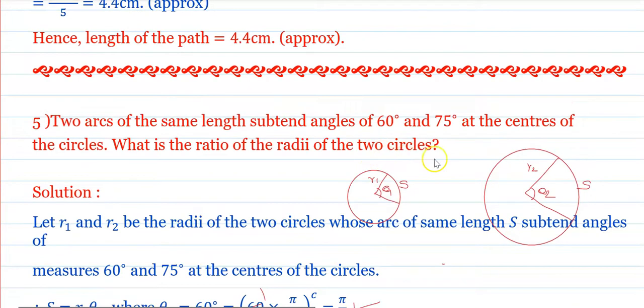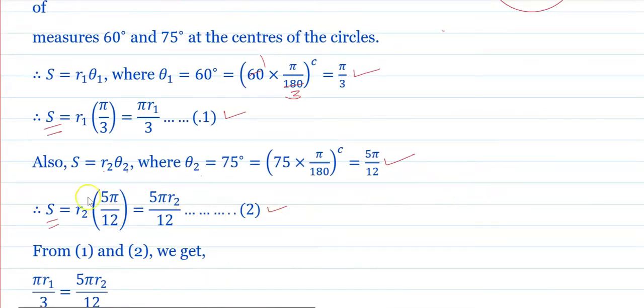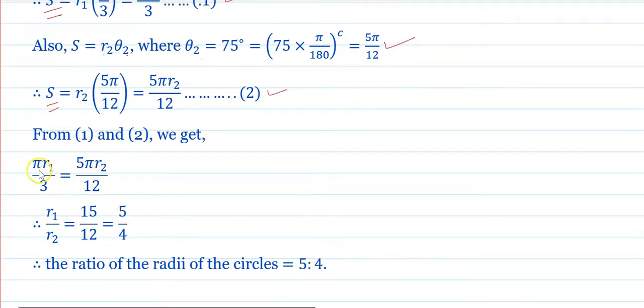जरी दोन सर्कल्स असली वेगवेगळी त्यांच्या रेडियस डिफरंट आहेत, angles different आहेत, but their length of arc are equal, and therefore we will equate this. Pi r1 upon 3 equals 5 pi r2 upon 12. Equate it, and here the pi will get cancelled. 3 ones are 3 and 3 fours are 12.